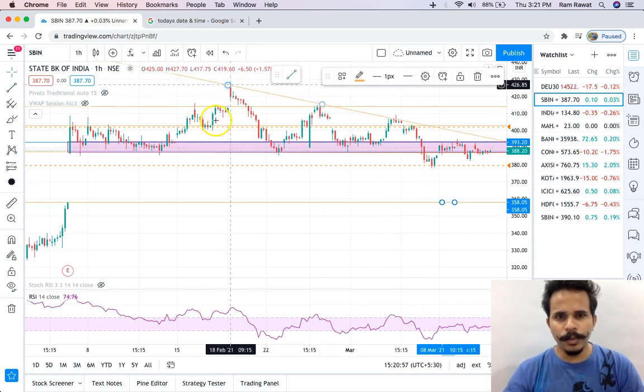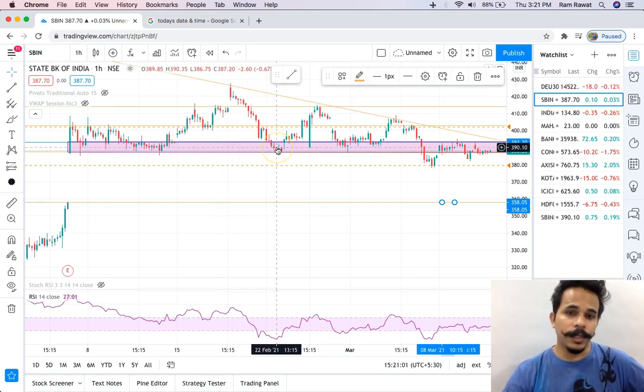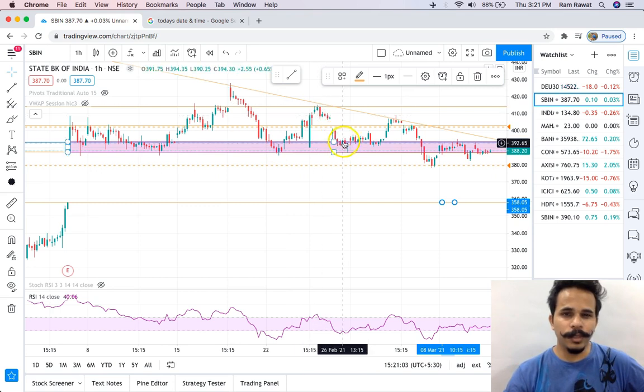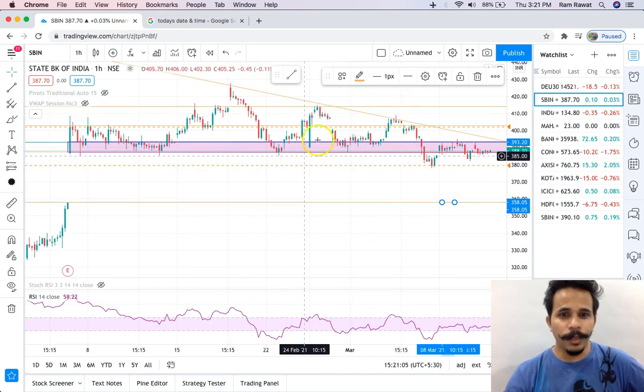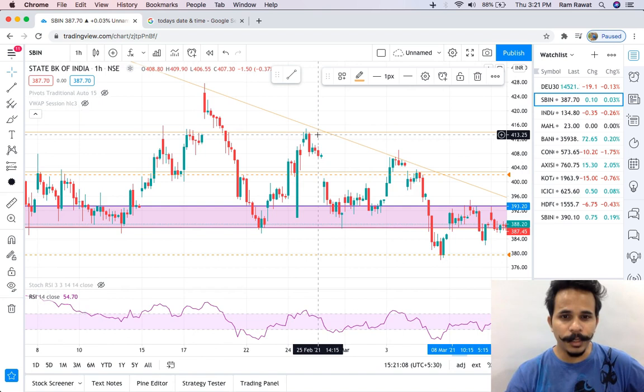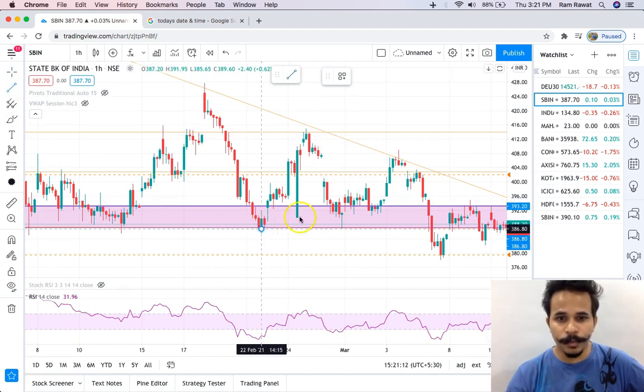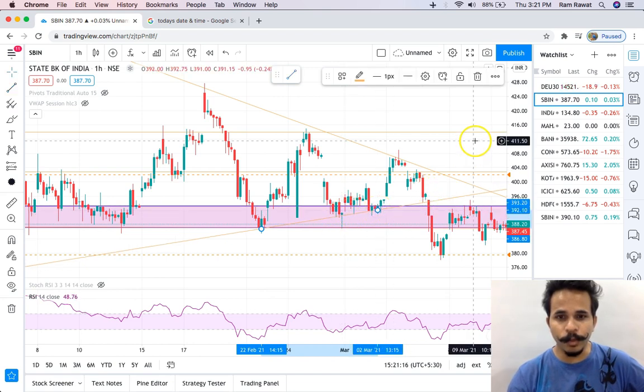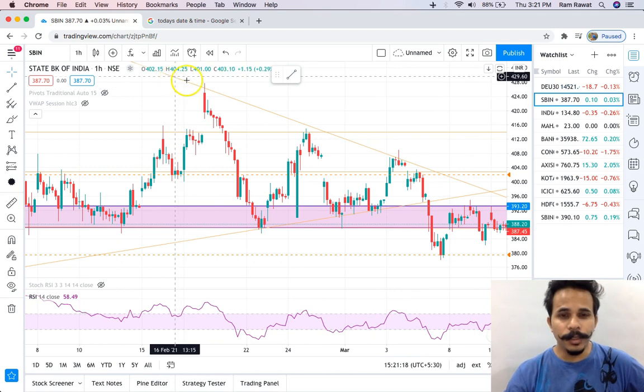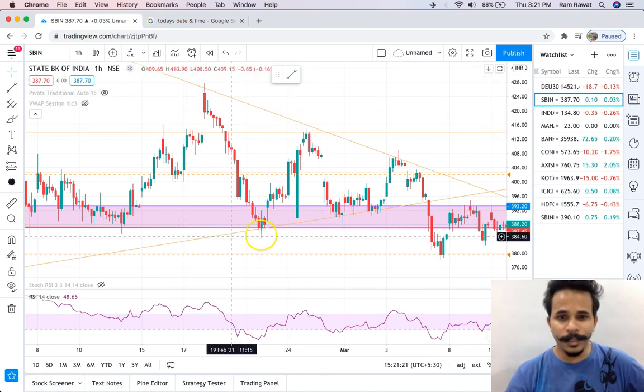There is a rejection of the price, and the stock price came down after that. So this resistance is there. Then if I zoom in, there is one more pattern over here where it is getting support. So this is a support pattern. This is a resistance trend line. This is a support trend line.